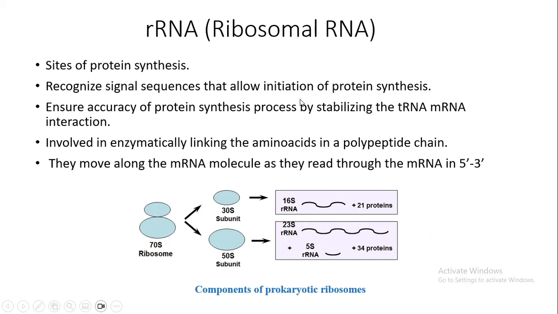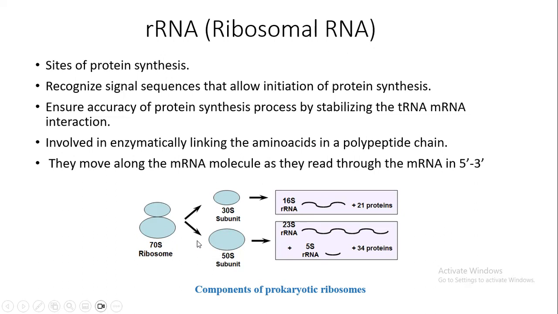They also ensure accuracy of the protein synthesis process by stabilizing the transfer RNA and messenger RNA interaction. They are involved in enzymatically linking amino acids in the polypeptide chain. They move along the messenger RNA molecule and read the messenger RNA in 5' to 3' direction.